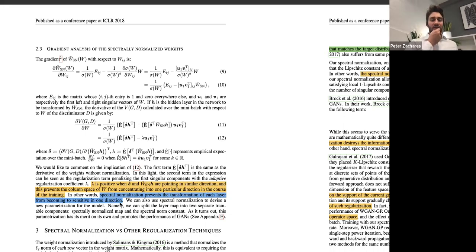So the way I understood that, it says, in other words, spectral normalization prevents the transformation of each layer from becoming too sensitive in one direction. My understanding is that if a weight matrix becomes too sensitive in one direction, then that's almost equivalent to being rank 1.